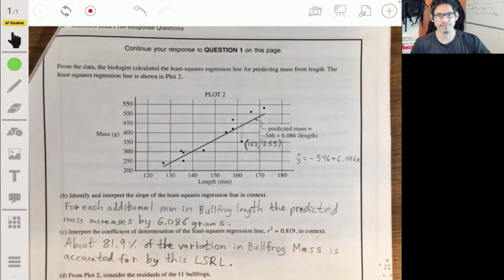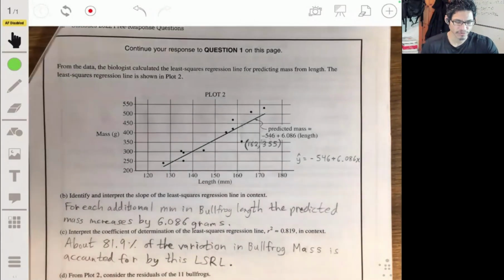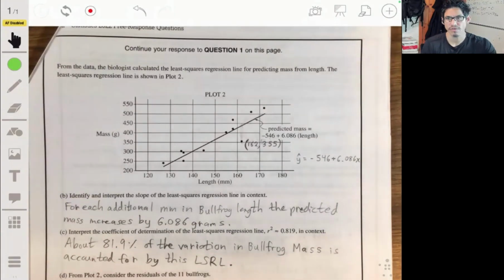We know that in real life there's never really going to be two things that are perfectly correlated, like your height versus your wingspan. We know that they are correlated, but you can have the same height as somebody else and not necessarily have the same wingspan. But you know that the taller you get, the longer your wingspan is going to get.